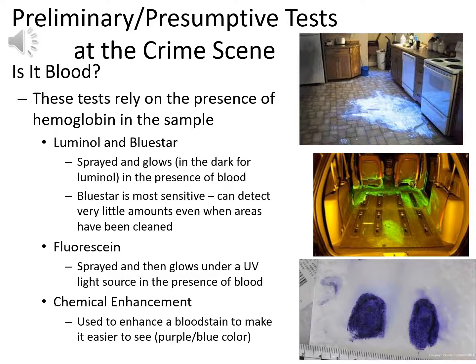Again, it's sprayed and then a UV light source is shown upon it, and if you see that UV glow, then there's likely the presence of blood there. Finally, chemical enhancement can be used to enhance a blood stain to make it easier to see, get a blue or a purple blue color that again brings out that blood stain that may have been difficult to see without that chemical enhancement.